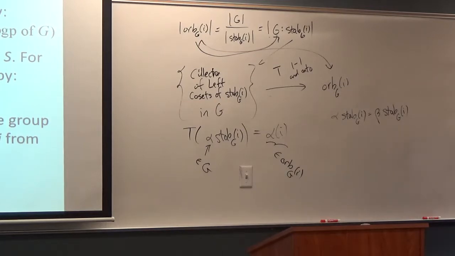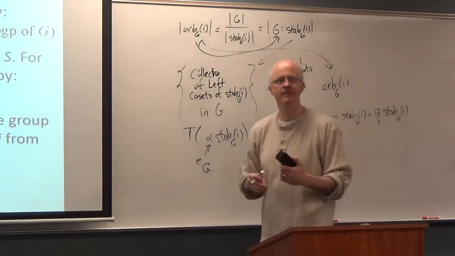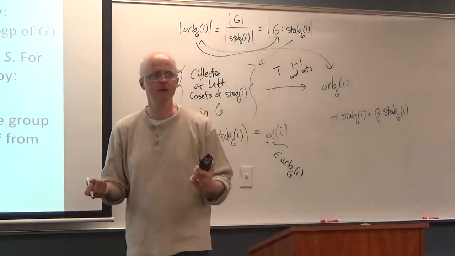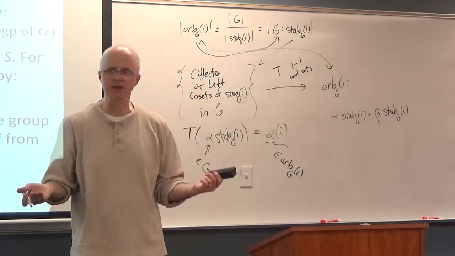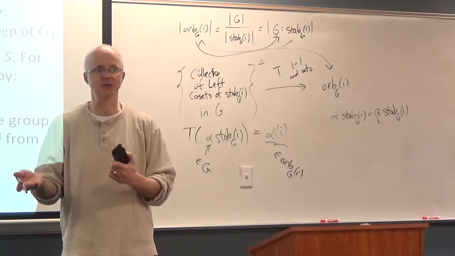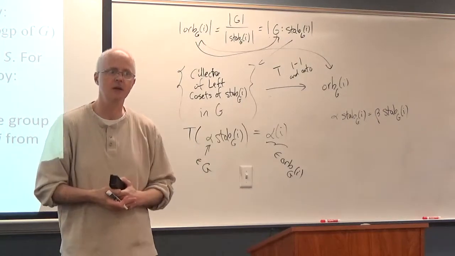What if you had beta as well that represents the same coset? Right? Cosets partition the group. They have different elements in them, in general more than one element. Any one of those elements could represent the coset, could be put in front of the coset to represent it when you write it symbolically.